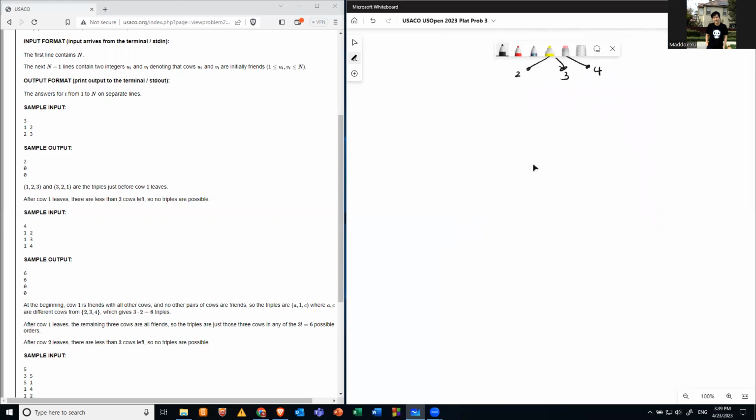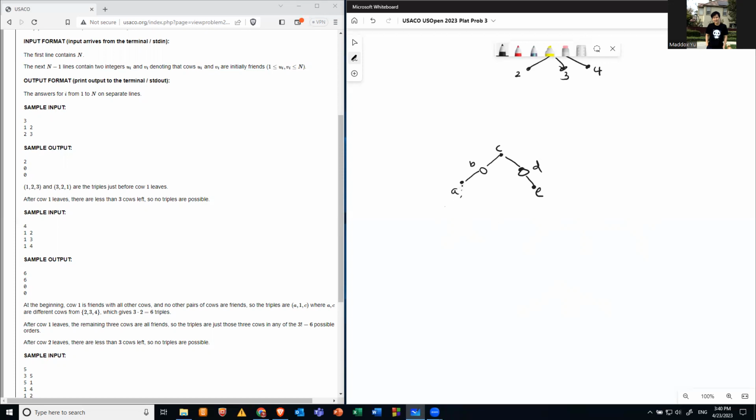Let me redraw it like this: A goes to B, which goes to C, which goes to D, which goes to E. In this case, what would be the total number of triplets you can form?